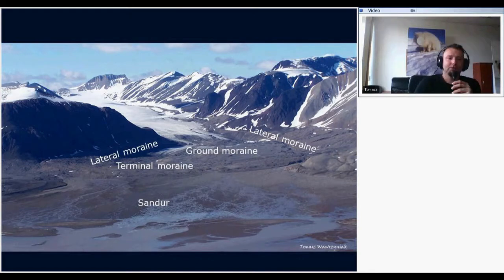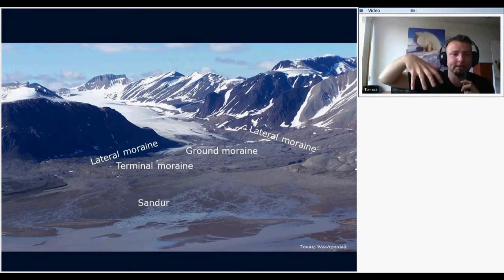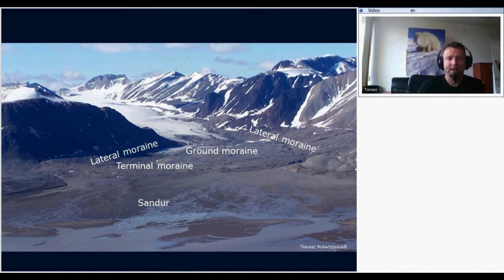So in case of terminal moraine, that's the material that was pushed in front of the glacier. When the glacier retreats, so the climate is warmer and glacier doesn't grow, it shrinks, it goes back, it melts. The material that is laid down by the glacier and is pushed by it stays as moraines.